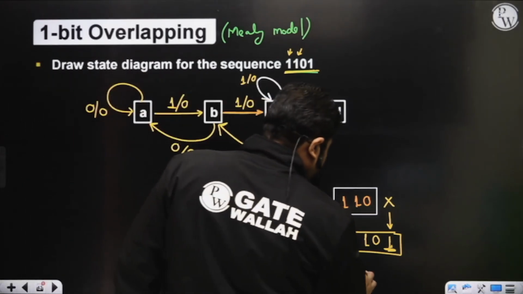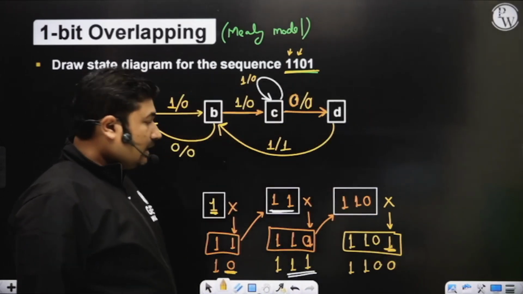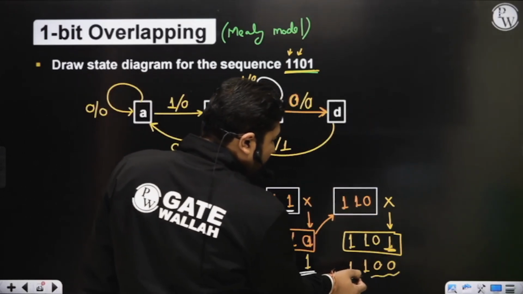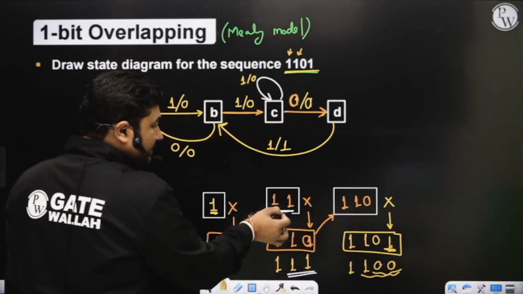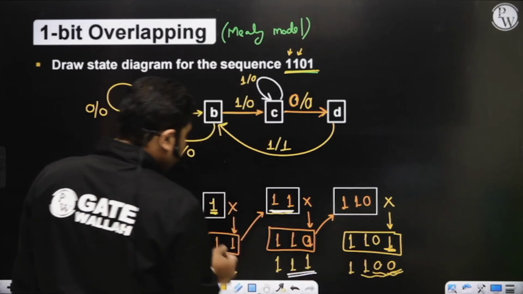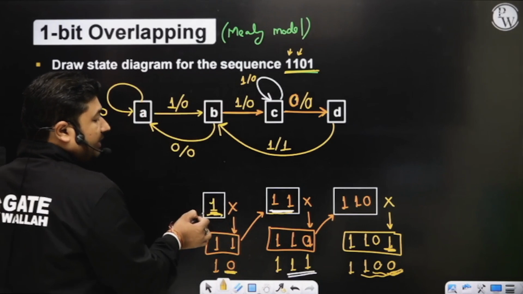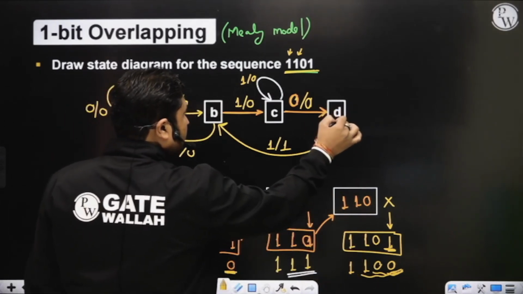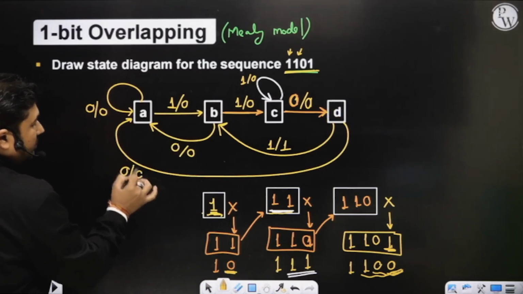However, if 1, 1, 0, if you are getting 0, now again you have to compare these 3 bits with the 3-bit state, then compare these 2 bits with the 2-bit state, then compare 1 bit with the 1-bit state. If it is not satisfying the 1-bit state, then it goes to the reset state 0.